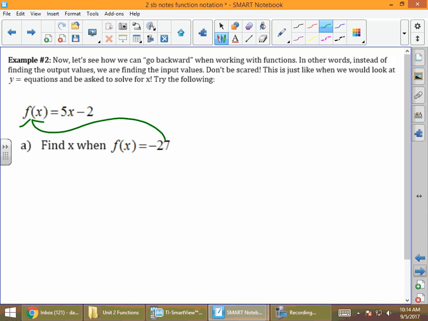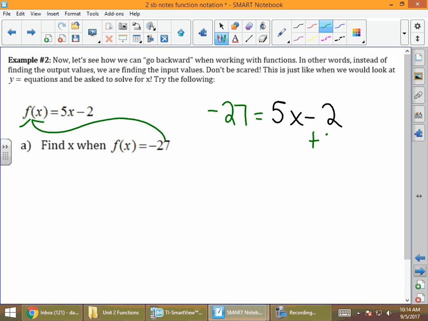Are you given the input or are you given the output? In this case, we're given the output. It's going to be negative 27 equals 5x minus 2. And we need to solve this equation. So we filled in our output in this case, which is the f of x. And now we want to figure out x, which is going to be our input.